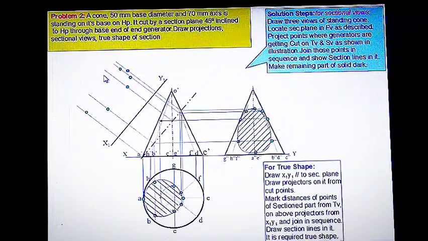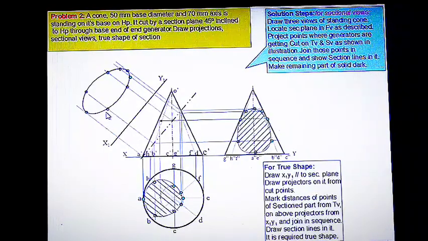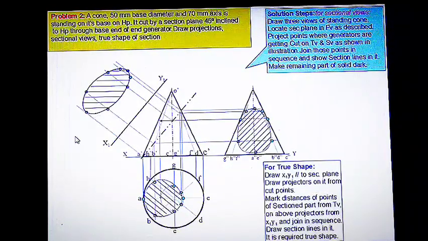Similarly, you will get these points like this. Now we can join all these points together. This will be the true shape of section. That is, if an observer looking parallel to this cutting plane, he can see a surface like this. Now you can hatch the surface by using 45-degree inclined lines.